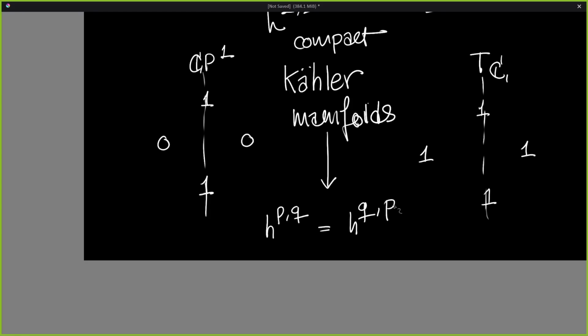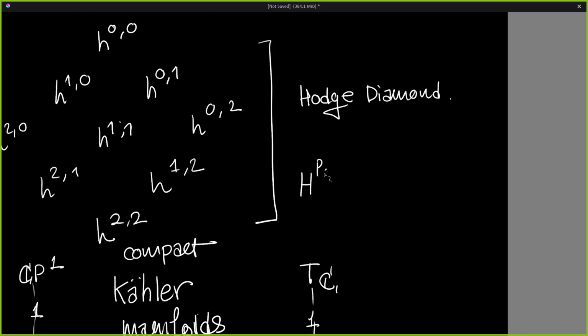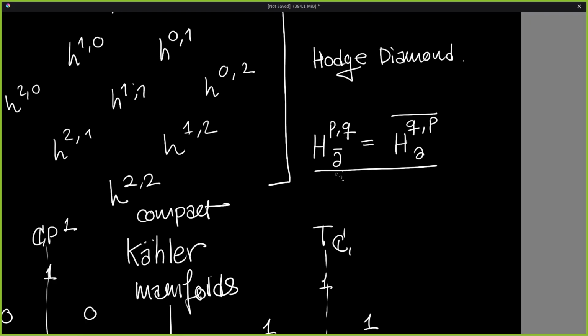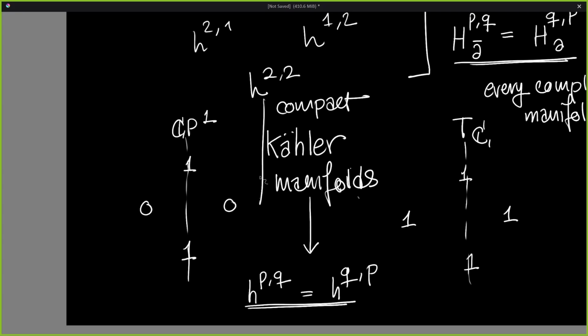Contrast this with the fact that on any complex manifold, you have that H^{p,q} with respect to partial bar is equal to H^{q,p} with respect to partial conjugate. This is what's true on every complex manifold, but the other is only true on compact Kähler manifolds.